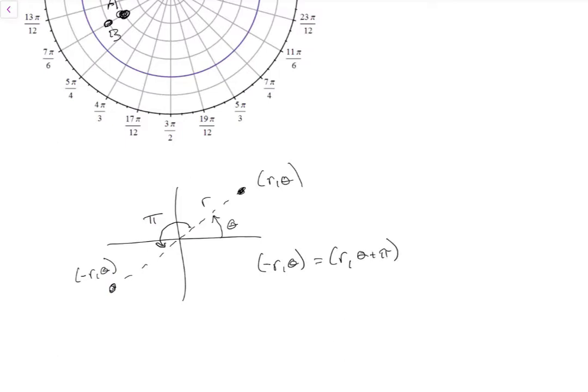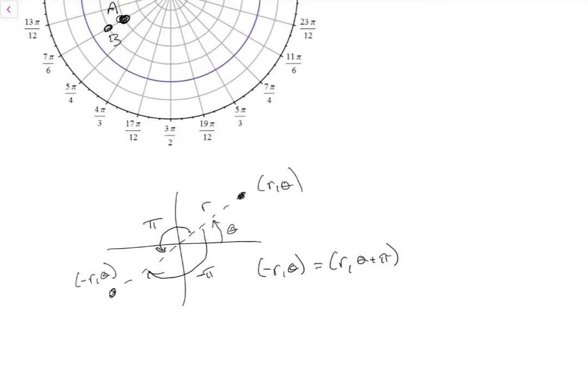Of course, we could always think of subtracting π to get to that same point as well, due to the periodicity of trig functions and our angle measures. So basically, the way I like to think about this, I'll rotate to the angle θ, and instead of moving in a positive direction, I'll move in the reflection through the pole.